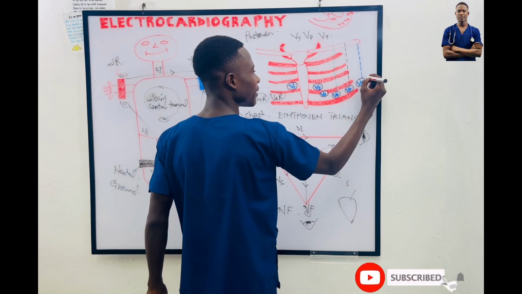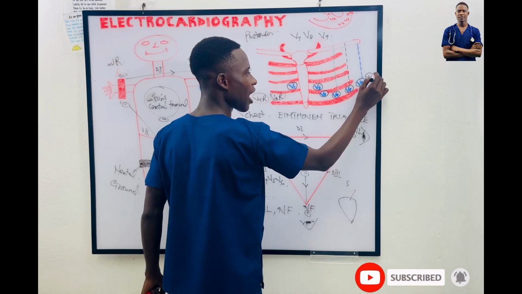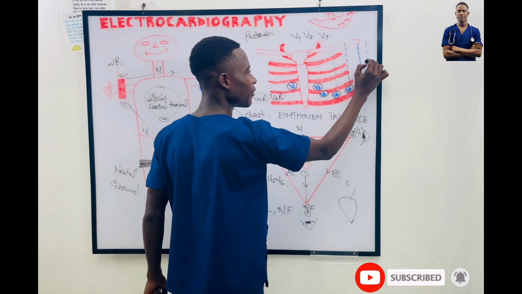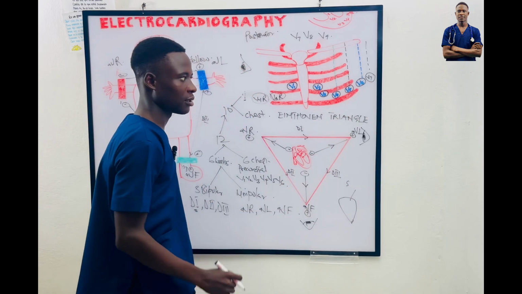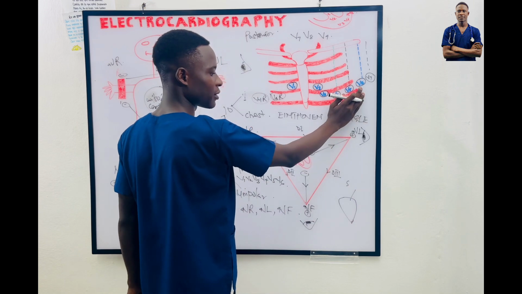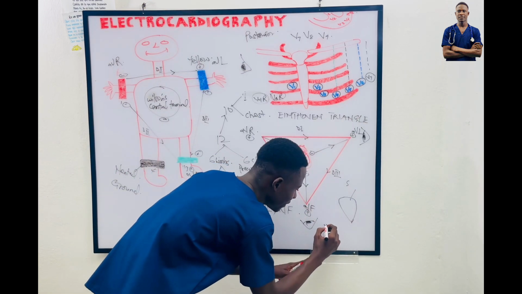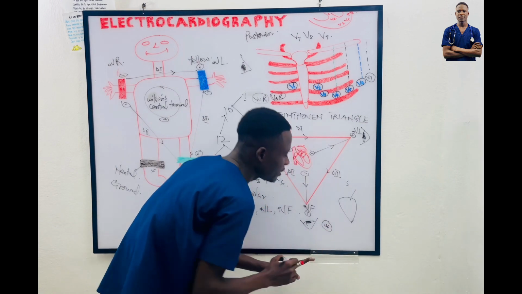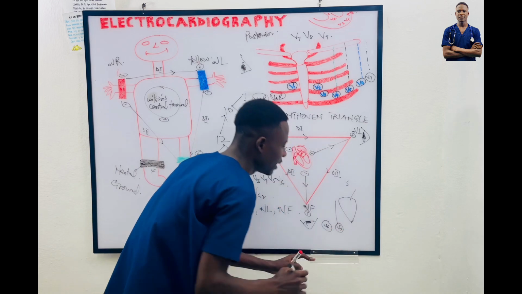So the V7 will be at our posterior axillary line, at the same level as the V6. Do you understand? So here we are making the V6 our reference point. So let's assume this is our V6. The V7 is placed here.